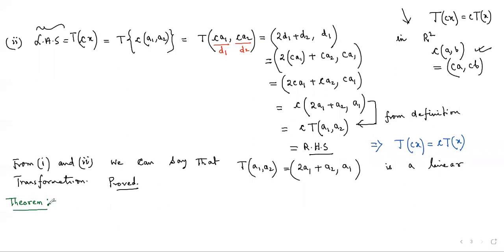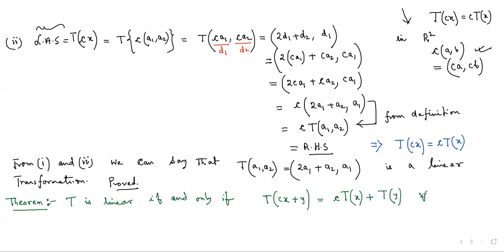It is said in the theorem that any transformation T from V to W is linear if and only if, that means it is true both ways, T of Cx plus y is equal to C into Tx plus Ty, for all x, y belonging to V and C belonging to F. So we can also take the help of this particular theorem and directly show it.